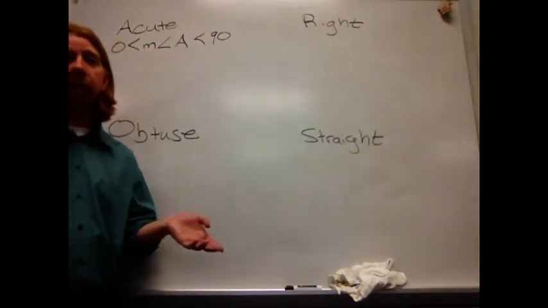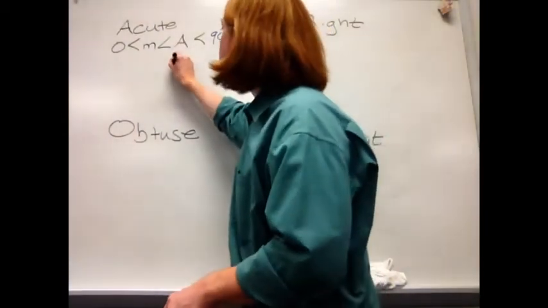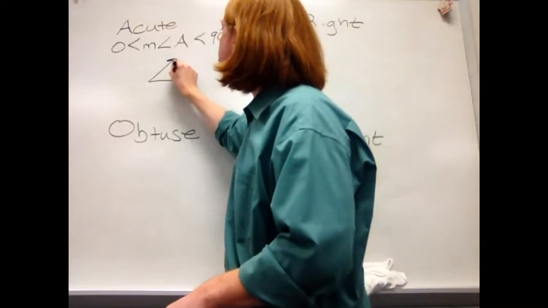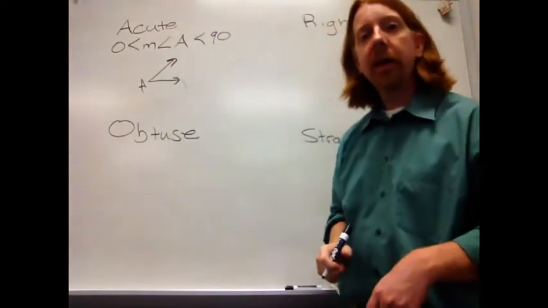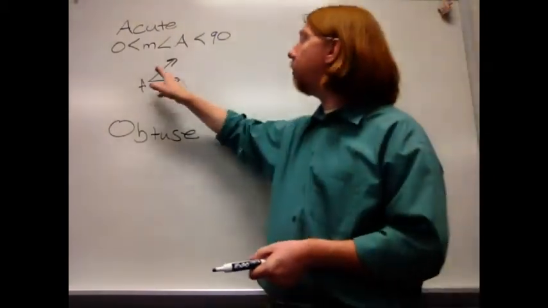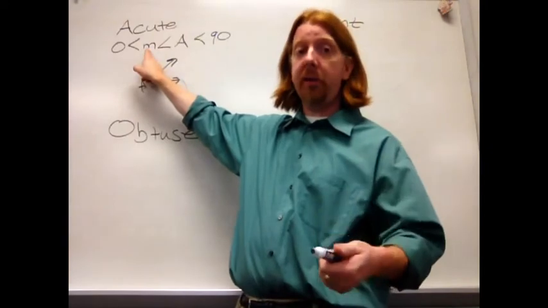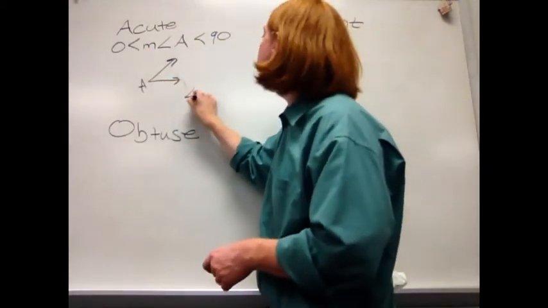Now, in this case, I'm just talking about generic angle A, because I'm only going to have one on my page. And that's an angle that is between 0 and 90, so perhaps that's angle A. And you can see it's a typical small angle we would think about. Now, notation-wise, M refers to the measure. Angle A is this guy right here.